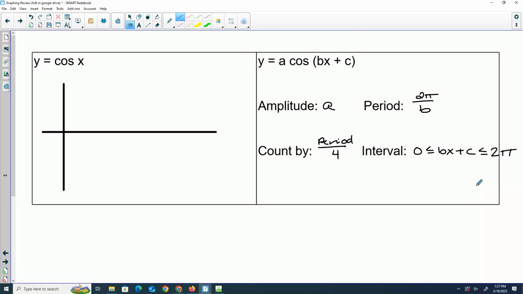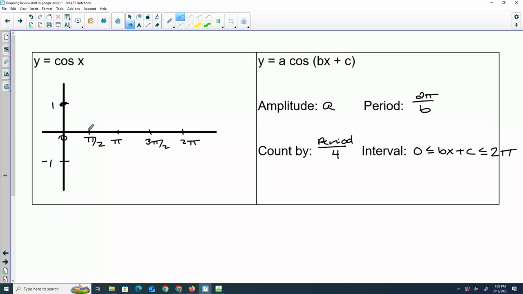Okay, there's only 2 different ones. Everything else follows that same general plan. Then what does the graph of cosine look like? So points on the x-axis: 0, pi over 2, pi, 3 pi over 2, and 2 pi.